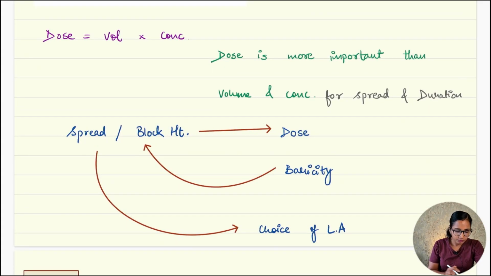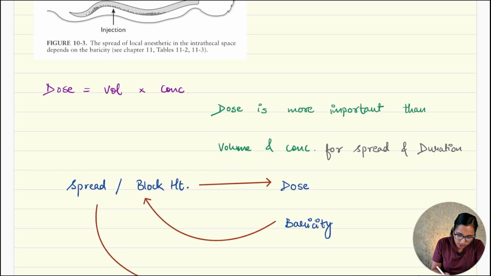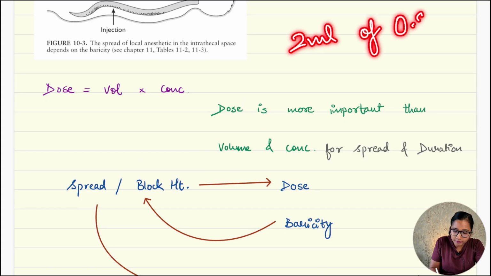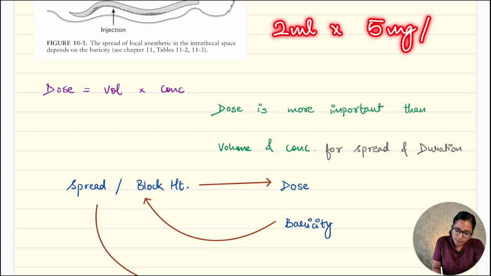Drug dose is volume of the drug into concentration of the drug. Let me give you an example. Suppose I am using 2 ml of 0.5% heavy bupivacaine. The volume is 2 ml, and the concentration is 5 mg per ml.